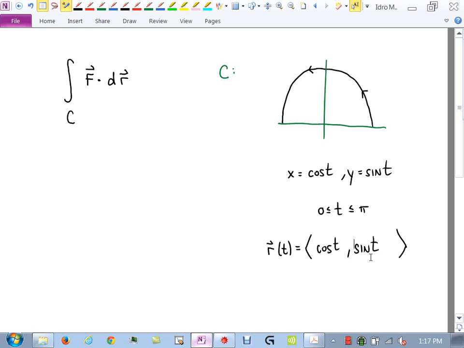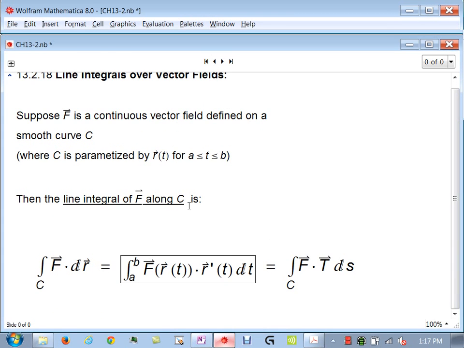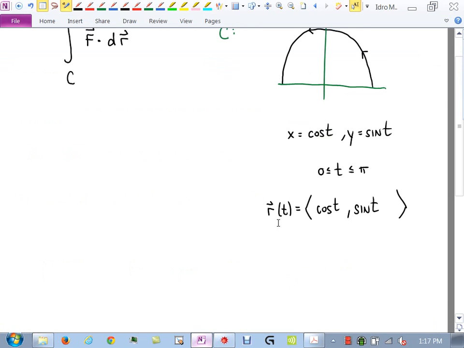Now, what's valuable about that is, going back to my notes, at some point I'm going to have to take the derivative of that, right? And I'm going to have to take that vector function and plug it into what? My vector field. So shall we, while we're here, go ahead and take this derivative? Okay.